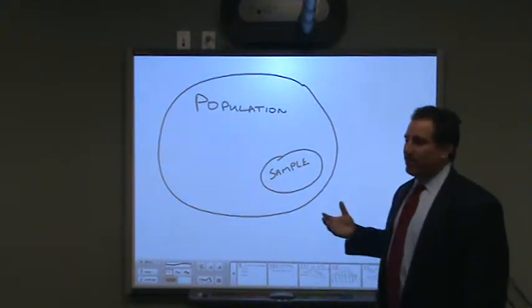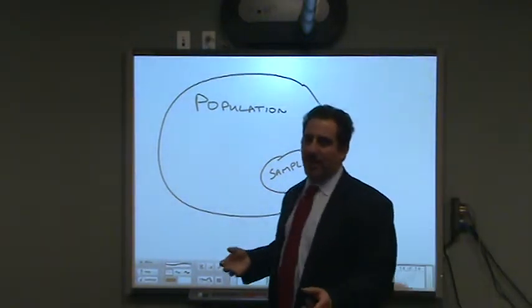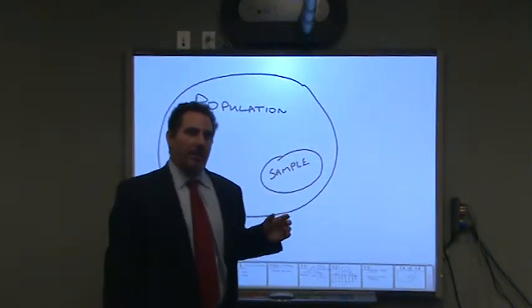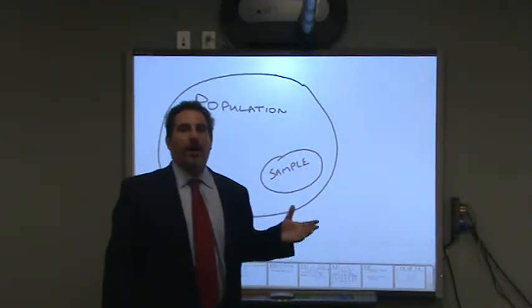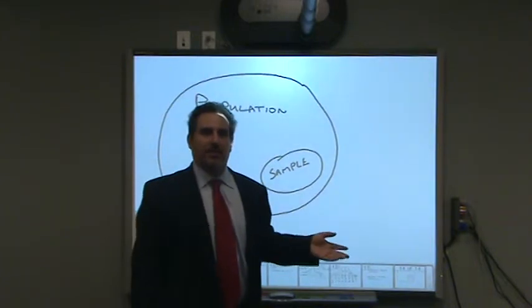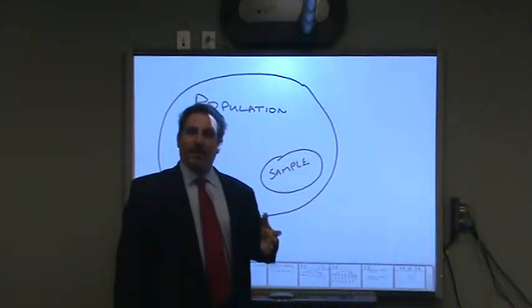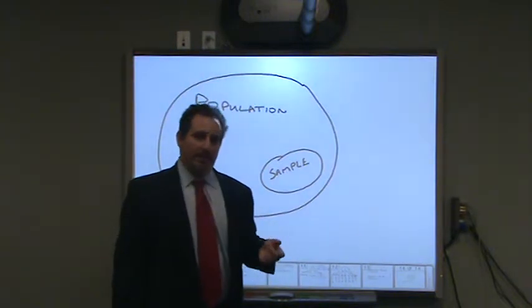And that's sort of what we're limited to in science very often, looking at samples and not really knowing what the population is like, because it's just impossible to sample the whole population unless you define the population in a very limited way.